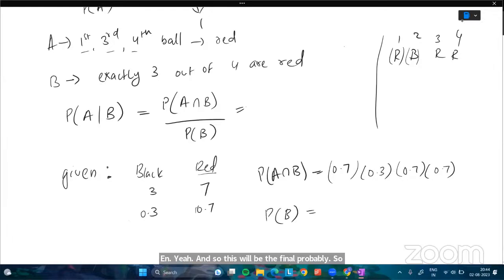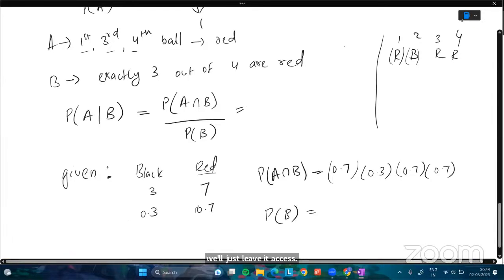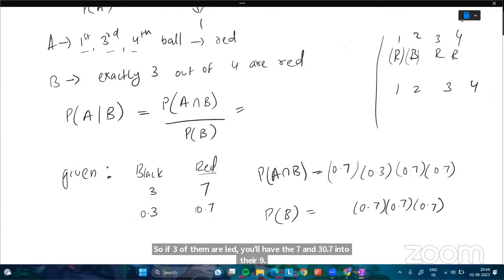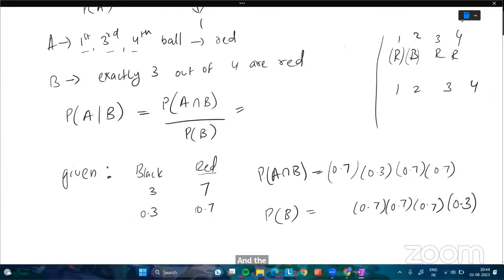Now we'll calculate the probability of B, which is exactly 3 out of the 4 balls are red. If we have 4 balls, we need 3 of them to be red and 1 of them to be black. If 3 of them are red, we will have the probability of 0.7 into 0.7 into 0.7, and the one ball which is black will have 0.3.